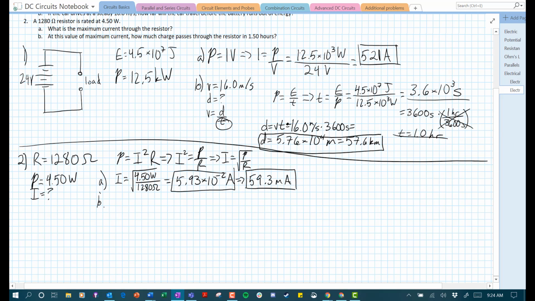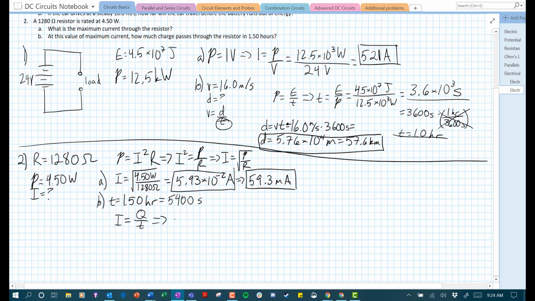Part B. At this value of maximum current, how much charge passes through the resistor in 1.5 hours? Well, so we know that the time is 1.50 hours, which we might want to write in seconds. That's just going to be 1.5 times 3,600, because there are 3,600 seconds in an hour. It's going to be 5,400 seconds. And we can use the fact that current is just charge over time.